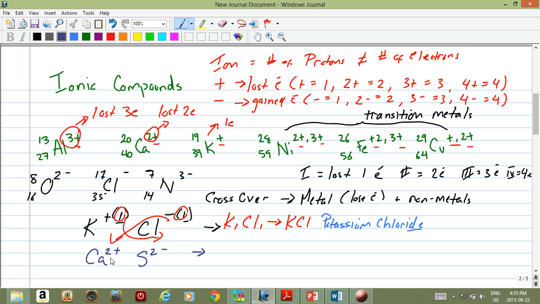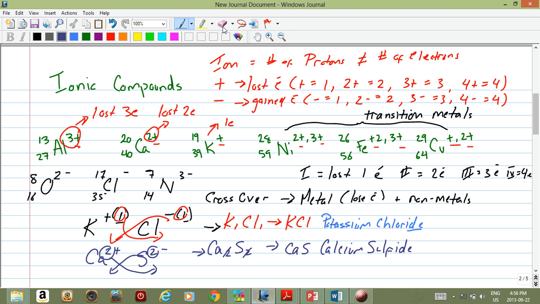Okay, in this case, we have the number 2 here, and number 2 here. So if we exchange the numbers, we get this formula. All right. Now, because the number is the same, we can actually reduce this to just CaS, and this would be called calcium sulfide. Okay, easy stuff, very easy.